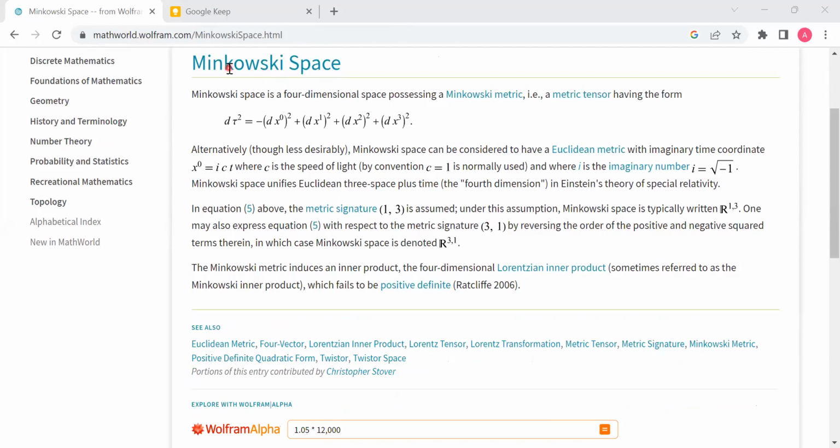And you can see Minkowski space here. So Minkowski space is a four-dimensional space possessing a Minkowski metric. And what is a Minkowski metric? Minkowski metric is actually a metric tensor having this form. Here the line element is given by this form.